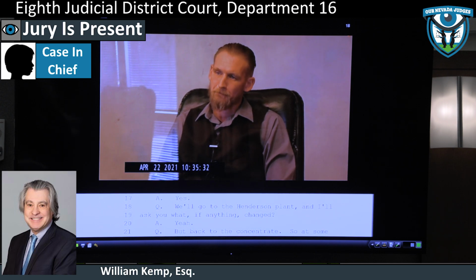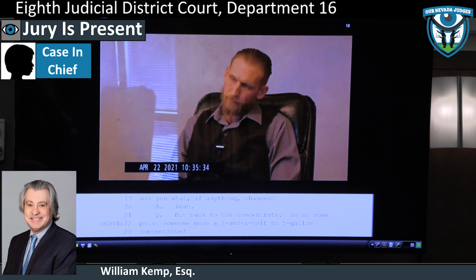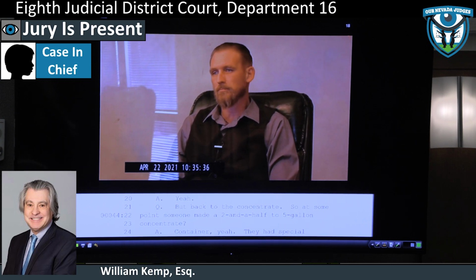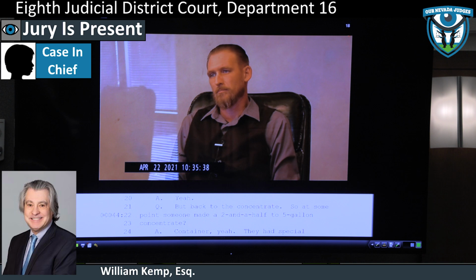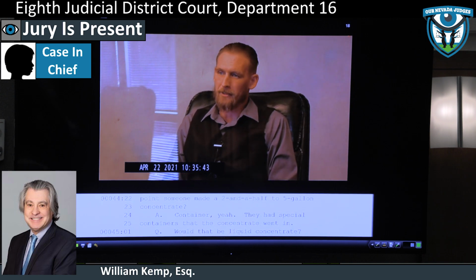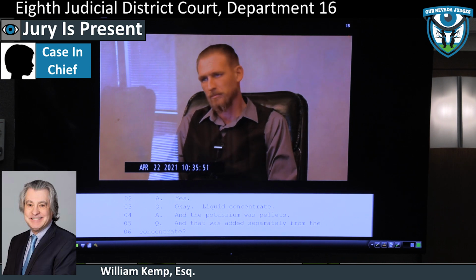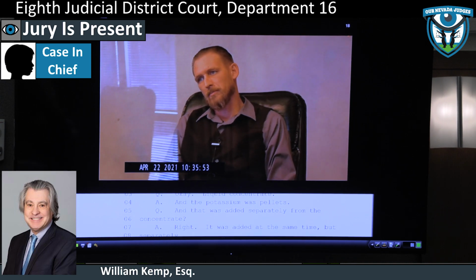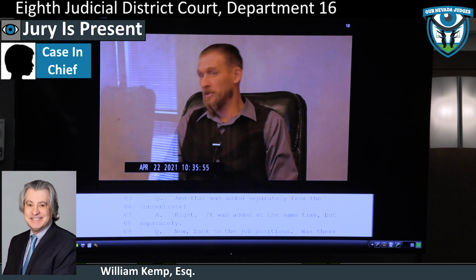But back to the concentrate: at some point someone made a 2.5 to 5 gallon concentrate container. They had special containers the concentrate went in. Would that be liquid concentrate? Yes, liquid, and the potassium was pellets. And that was added separately from the concentrate? Right, it was added at the same time, but separately.